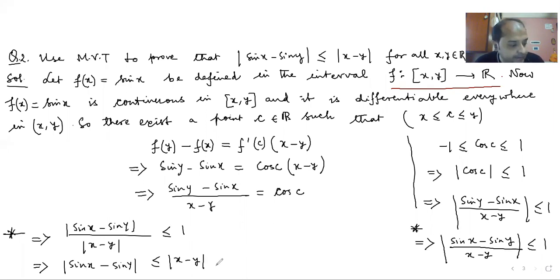And this proves the desired result. So that is another example of mean value theorem which I have done. I'm giving you some time to copy this particular problem, and after 1 minute I'm going to start. So I can proceed to the next page, and let's do another problem quickly.